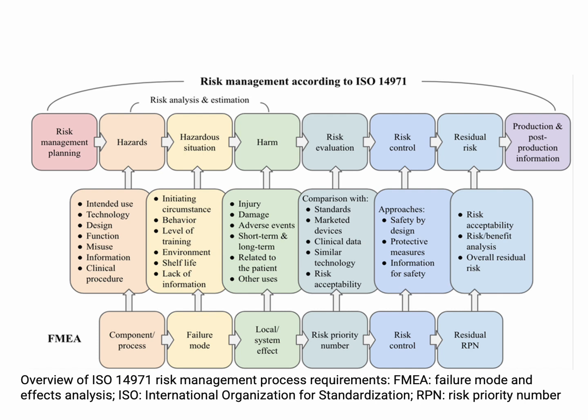And then we can look into the harms, so the injury, damage, adverse events, short-term and long-term damage, etc. So you can continue to look into this type of tabulated summary of the risks and risk management and planning up to production and post-production information based on the risk management according to ISO 14971.